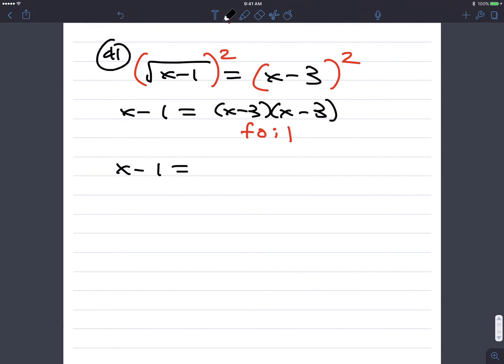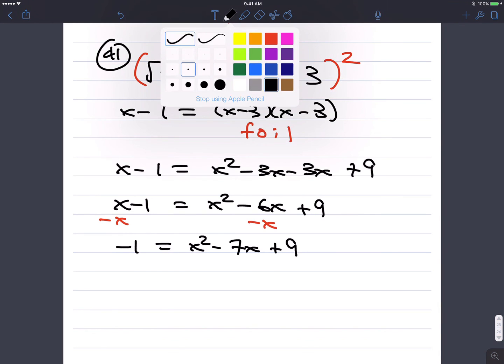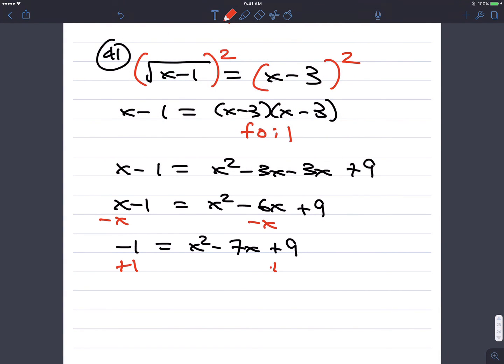X minus 3 times x minus 3 becomes x squared minus 3x minus 3x plus 9 by FOIL, or x squared minus 6x plus 9. You get an x minus 1. Subtract your x. Negative 1 is x squared minus 7x plus 9. You're going to add 1, and you end up with 0 is x squared minus 7x plus 10.